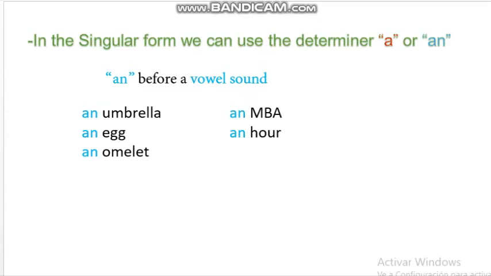We are using vowel sounds, so we use an. Okay, do you understand? We can't say a umbrella, a egg. No, it's not correct. We have to say an umbrella, an egg, an omelette, an MBA, and an hour.